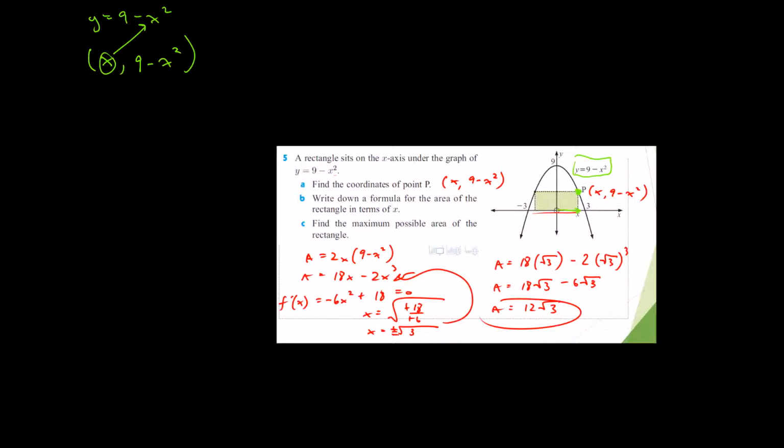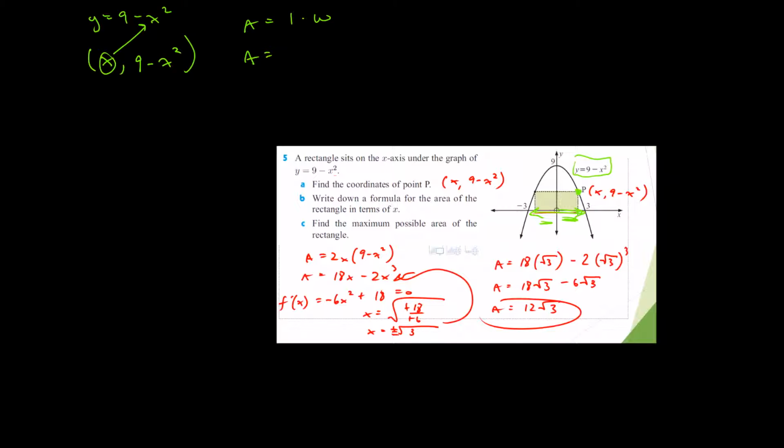Okay, now the next piece is they want to know what is the area. So how are we going to find the area? Well, the length, or the width, whatever you want to call it, is x on one side and x on the other side, which makes it 2x. So area equals length times width.